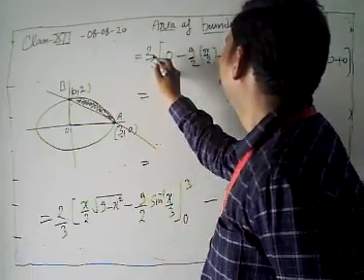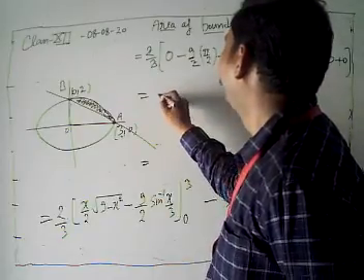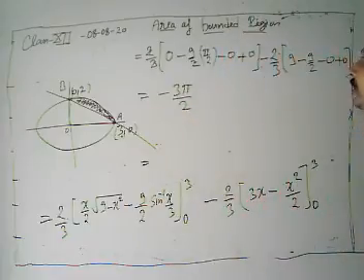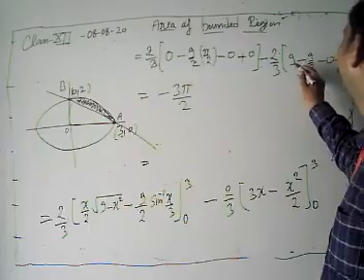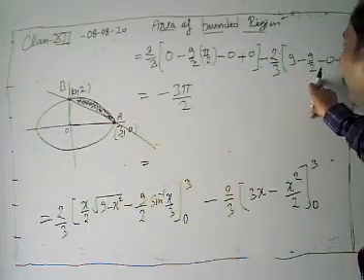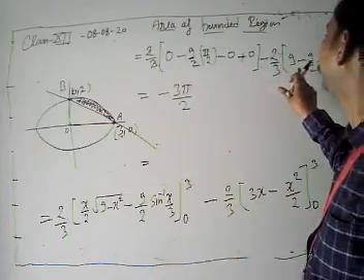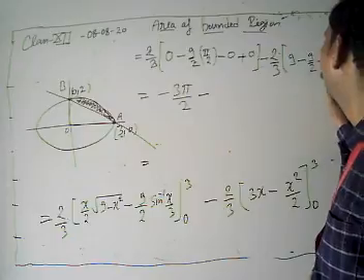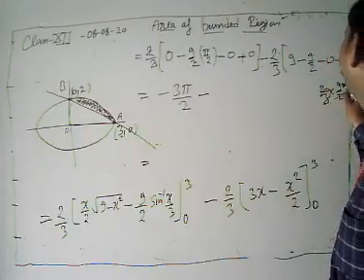This 2 and 2 cancel out, then we have this 3, then we have minus 3 pi by 2, minus 3 pi by 2, and here what we get, 18 minus 9, 9 by 2, then minus, sorry, it's positive, and we get minus 9 by 2, meaning 2 by 3 into 9 by 2, and then we get 3.